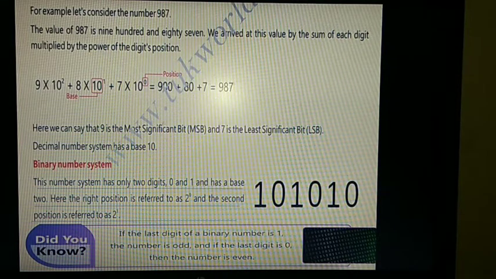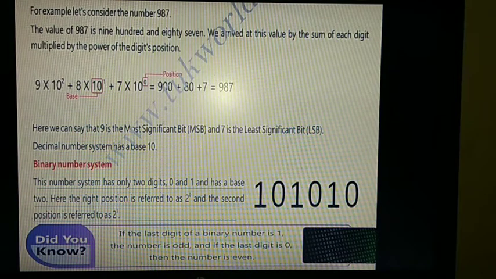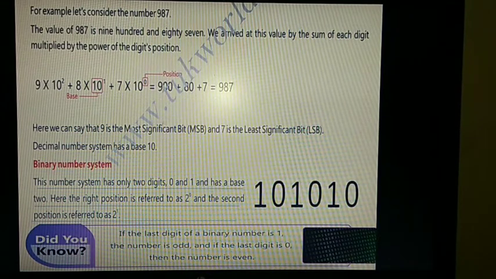In decimal the digits were 0 to 9, a total of 10, so the base was 10. The base of binary will be 2, because it consists of only two digits, 0 and 1.